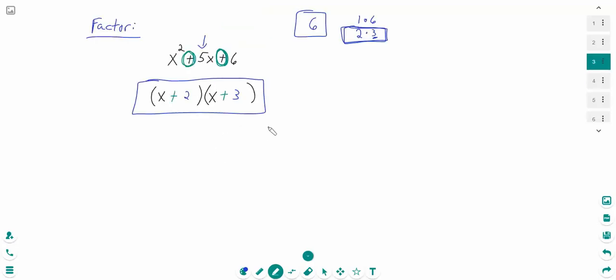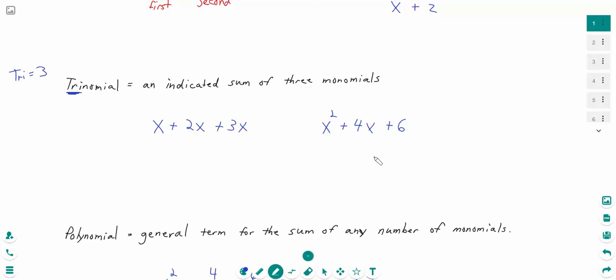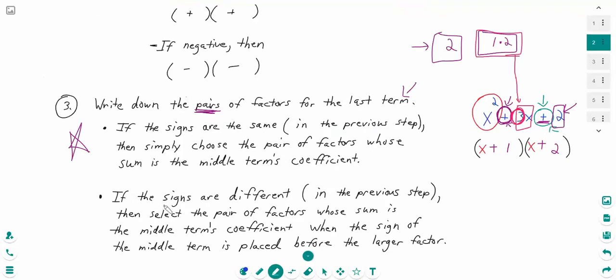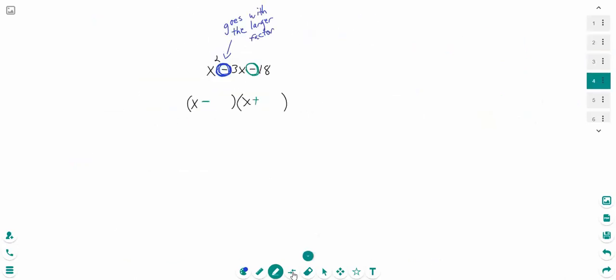If I go back to our notes here, step 3: if the signs are different, which they are in this case, then select the pair of factors whose sum is the middle term's coefficient when the sign of the middle term is placed before the larger factor. So all that means is that we're looking at this problem and we're saying this sign, the middle term's sign, will go with the larger factor. Okay? So just kind of put that in the back of your mind. The negative sign is going to go with the larger factor.